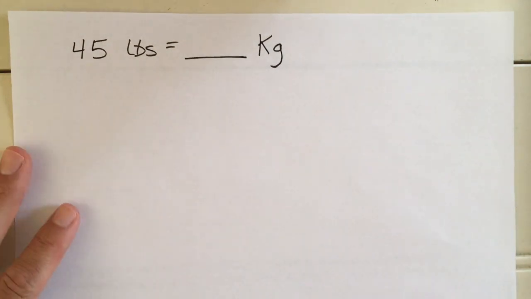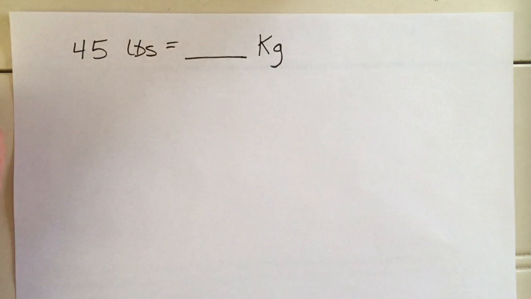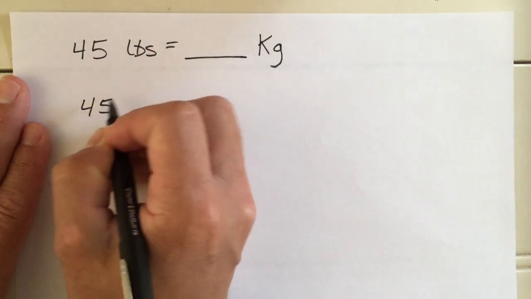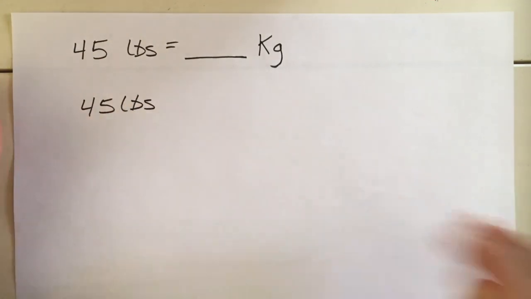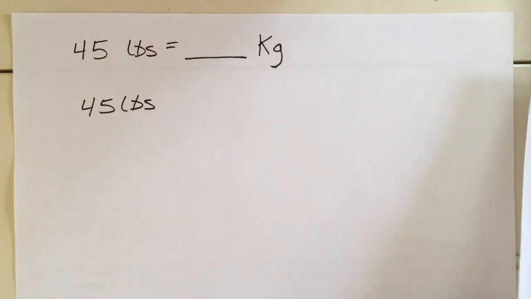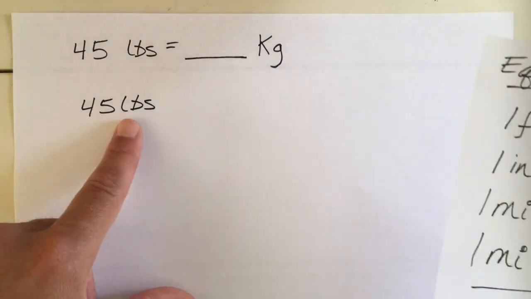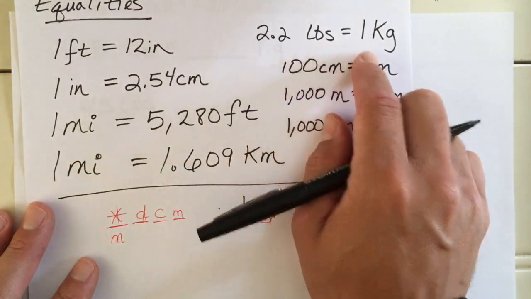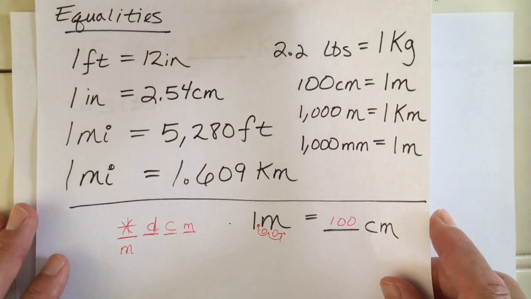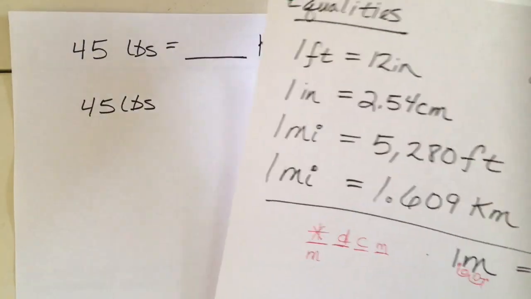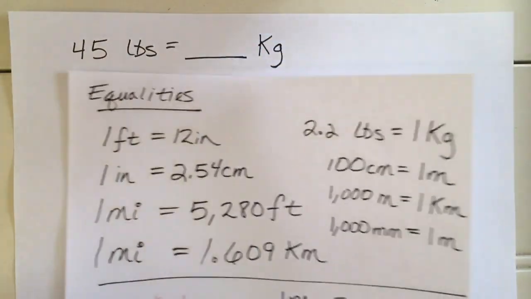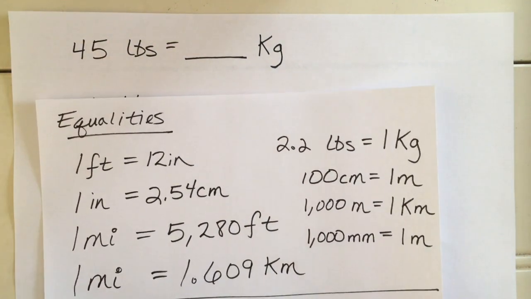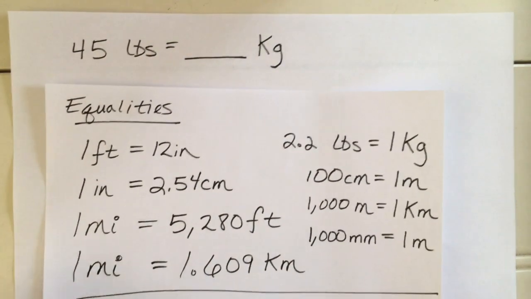So what you do is follow your rules. Start by writing what you have, which is 45 pounds. Next, I'm going to find an equality that will allow me to make a bridge from pounds to kilograms. I see 2.2 pounds is equal to 1 kilogram. You might say, then I just divide by 2.2. Remember, we're trying to learn the method here, not necessarily the answer.